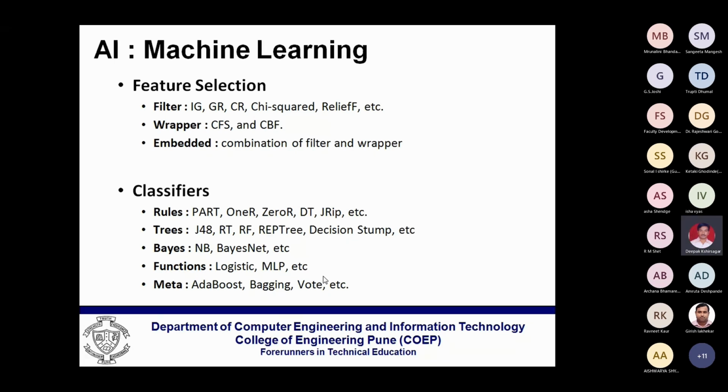The next one is the embedded class, or a suite of embedded feature selection methods. These are broadly called hybrid methods. Hybrid methods are a combination of filter based methods and wrapper methods. And a new class is now coming, or has already come to the market for machine learning, called evolutionary methods: genetic algorithm, particle swarm optimization.